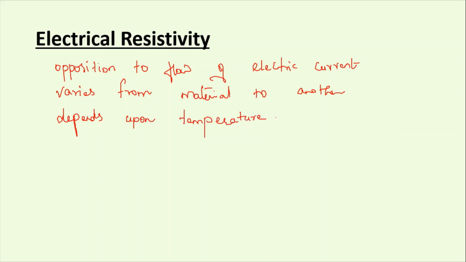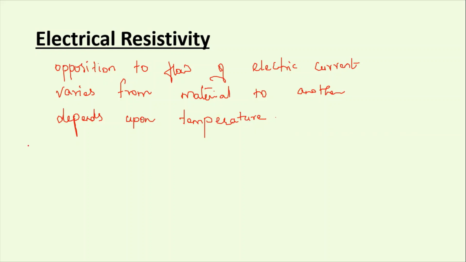So, how do we classify materials based on resistivity? We know that different materials have different resistivity. How do we classify materials based on their resistivity?